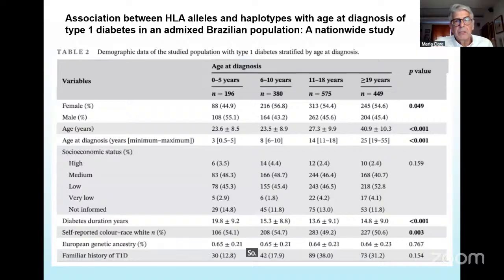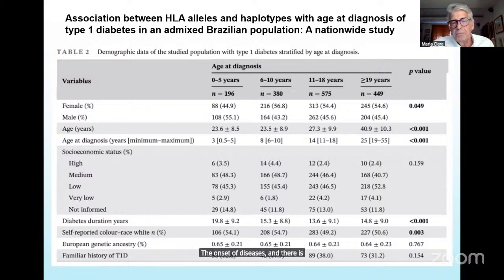So in this comparison, we found that there are differences among those people related to gender. Of course, the groups are separated by age, and by age of the onset of the disease.